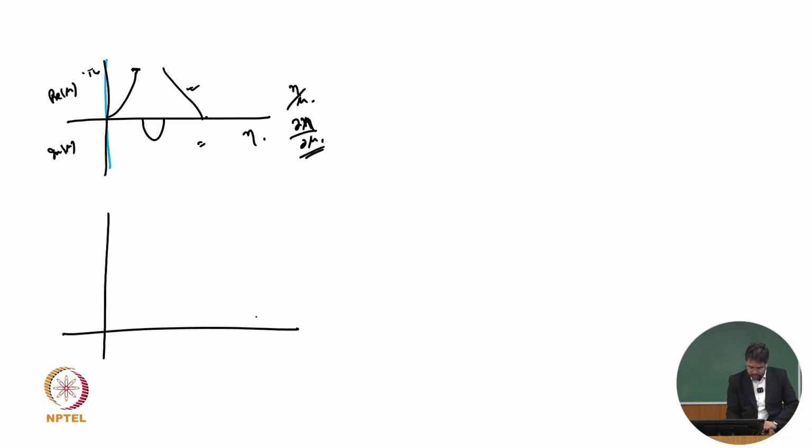I'm just plotting only the real part. So it goes up like this until pi, then we have a gap, so the gap is fine, then this band should be mirrored from 2 pi.